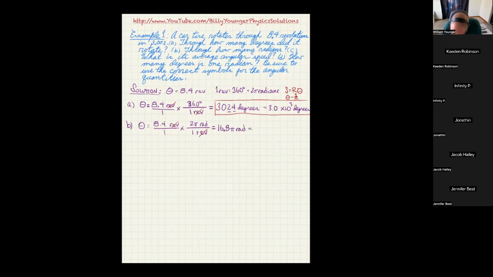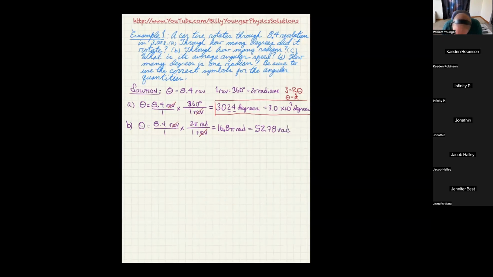But just in case, I want to make sure everybody knows that 16.8 pi radians really is a number. So I'm going to take that 16.8 and multiply it by 3.14159, and that gives me 52.77 radians.